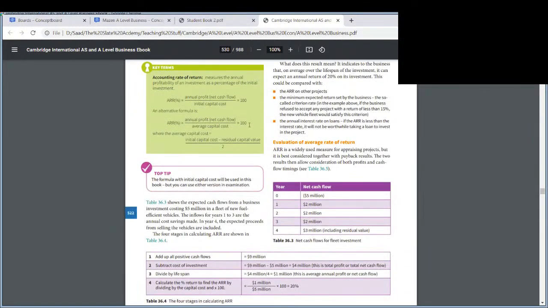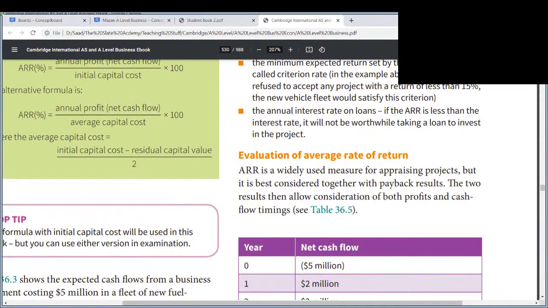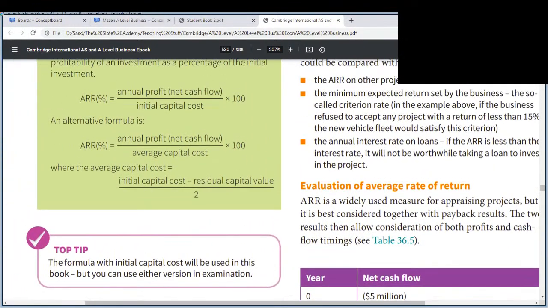So see, this is the annual profit over initial capital cost, or you can do average capital cost. In your case, you would be given just the capital cost. And how do you take this capital outlay? You have got machinery. For example, you bought a machinery of 500,000 at the start of the project. At the end of the project, it had a value of 100,000.